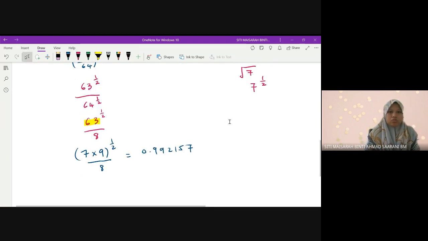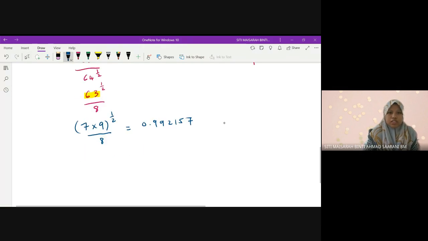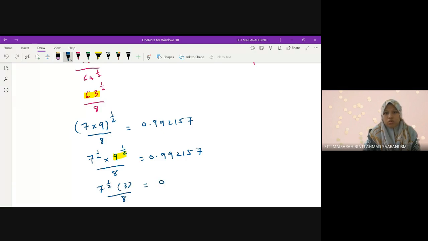Then open the power 1 over 2. So this one is 7 power 1 over 2 multiply 9 power 1 over 2 over 8. Or we can bring the 8 over there, no need to bring it yet. Then 9 power 1 over 2 becomes 3. 7 power 1 over 2 multiply by 3 over 8 equals 0.992157.